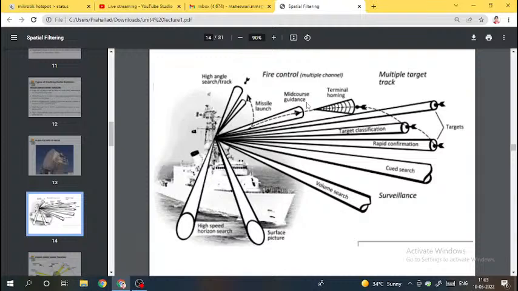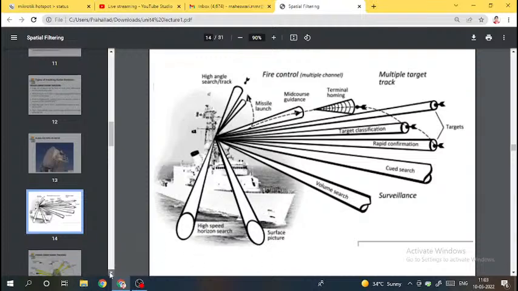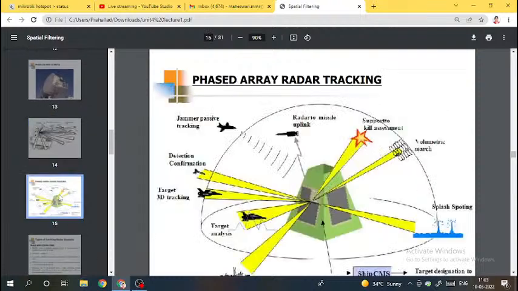This is detecting something, this is detecting something, and this side surface picture shows high speed horizontal search. This is another view of a phased array tracking radar. The beam is steered on a time basis, and at different angles a number of targets can be detected. This is the importance of phased array tracking radars.